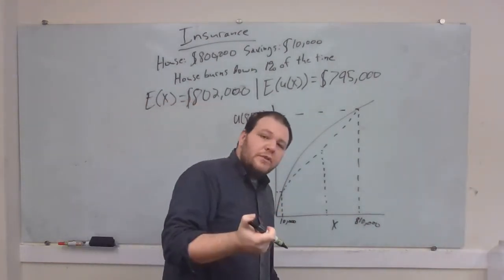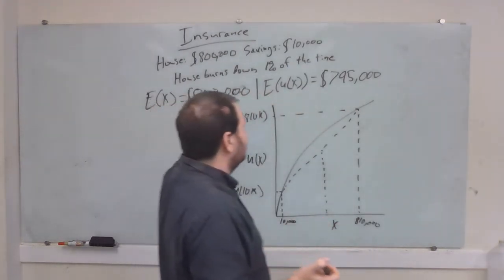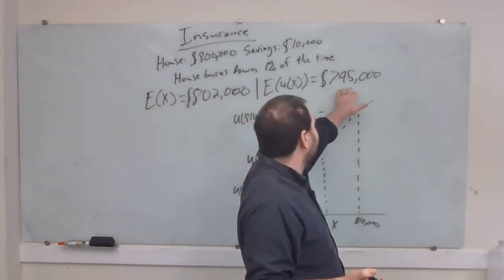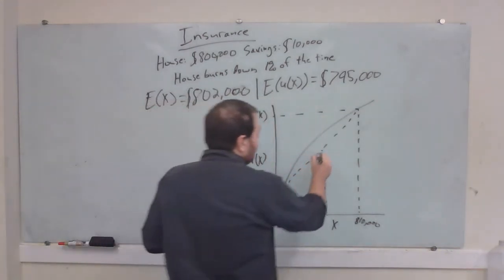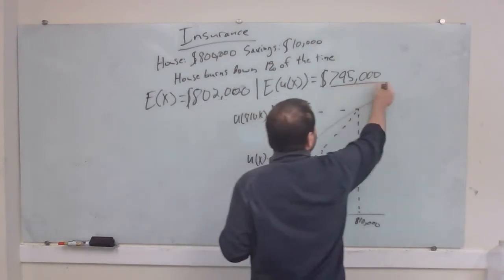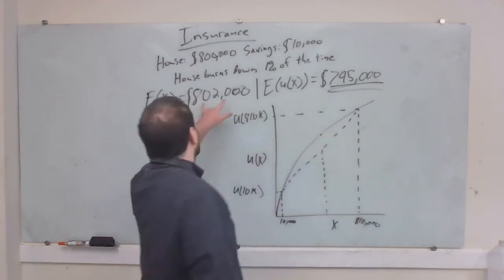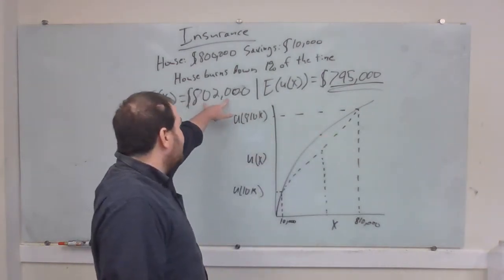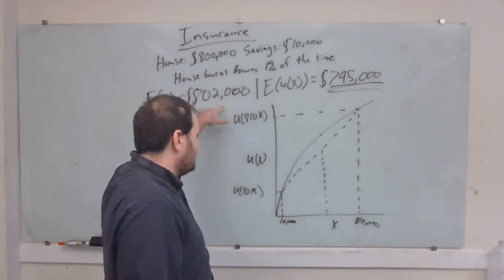And as a result, if I think about the range of options, the range of alternatives that the insurance company is willing to give me, there's really a range of options from the value to me of this risk, my $795,000, all the way up to the expected number of dollars that I would get, $802,000.